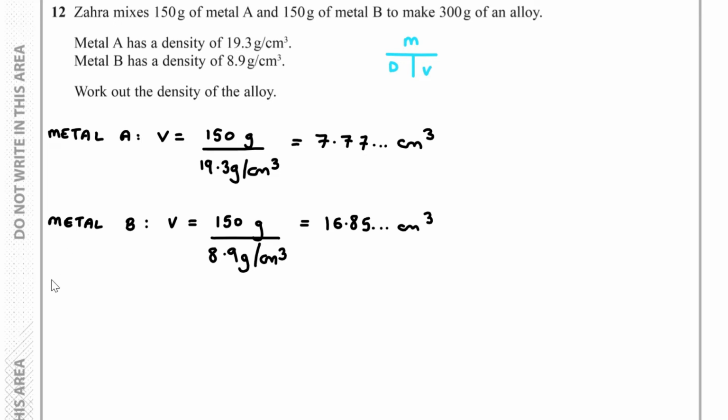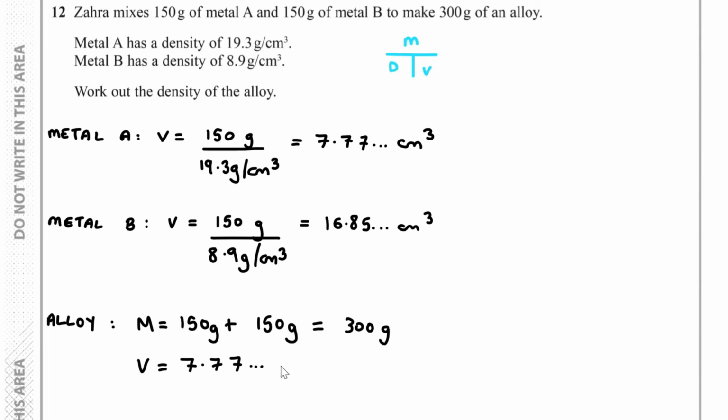So for the alloy, the total mass is equal to the 150 grams from metal A plus another 150 from metal B. It turns out here we get 300 grams, and the total volume is equal to 7.77 etc. centimeters cubed plus 16.85 etc. centimeters cubed.